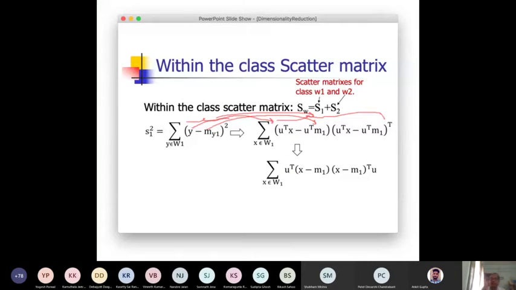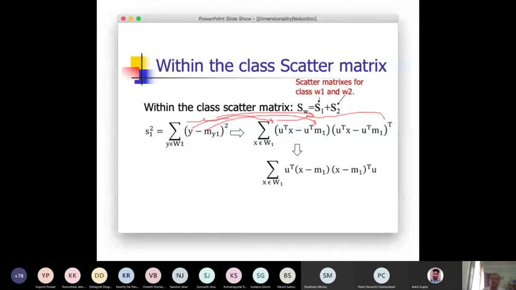So I can write this in this form now. You can see that the same expression is nicely written as matrix multiplications. I can separate out the input data points and the mean of the input itself using this.